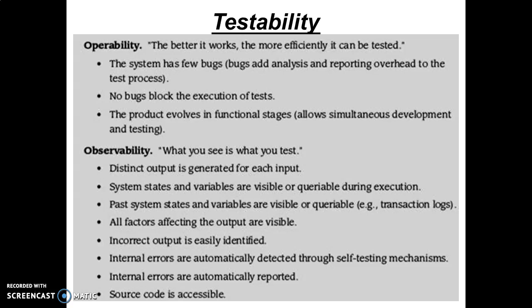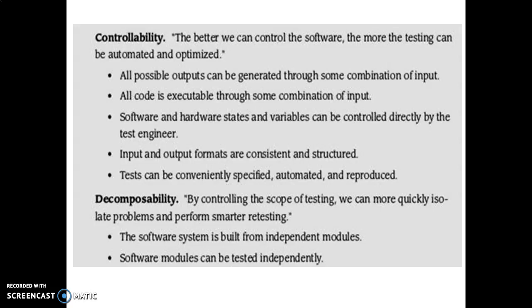Incorrect output is easily identified. Internal errors are automatically detected through a self-testing mechanism. Internal errors are automatically reported and source code is accessible. Another term is controllability. The better we can control the software, the more the testing can be automated and optimized. Nowadays, industry is moving to automated testing.